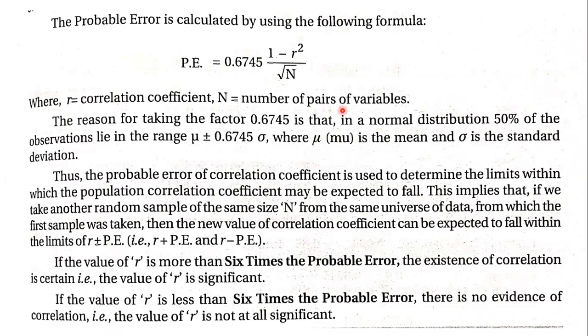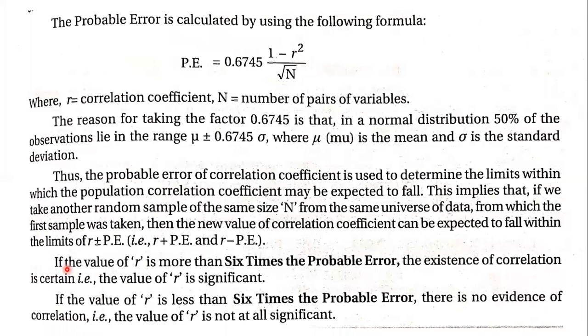After that, if the value of R is more than 6 times the probable error, the existence of correlation is certain. The value of R is significant. Okay. So if the value of R is more than 6 times the probable error.